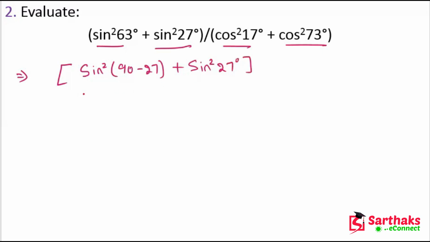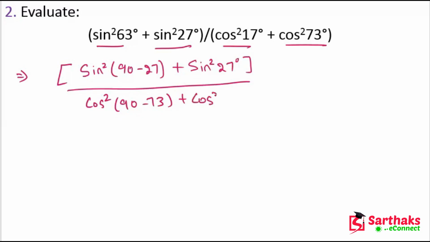Now upon this, it will become cos square of 90 minus 73. If we subtract it, then we get 17, plus cos square 73 degree.